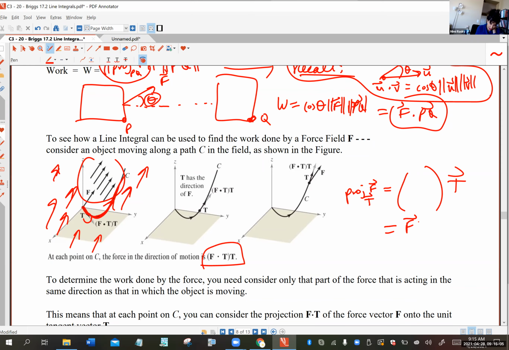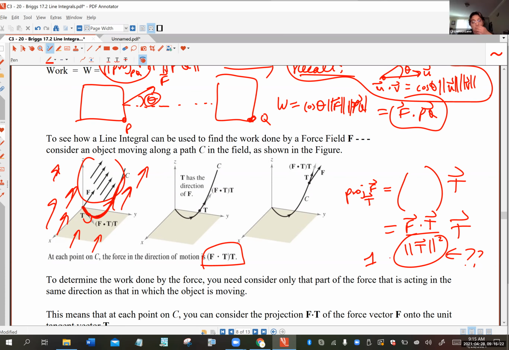This would be the dot product of those, and then down here, you would have the magnitude of the unit tangent vector. But what is the magnitude of the unit tangent vector? It's a unit vector, so what's the magnitude? 1. Yeah. So that's where they got the F dot T, okay? Because they're just projecting the force onto the curve.